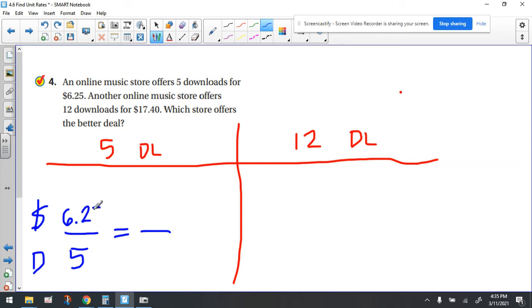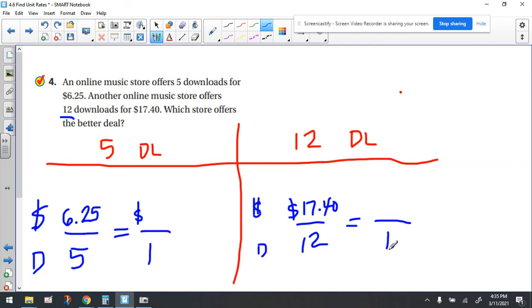So we're going to figure out what's the cost per 1 download, right? What's the cost for 1 download? And over here, they have for $17.40, we get 12 downloads. So again, it's dollars and downloads. And we want to know what is it for 1.